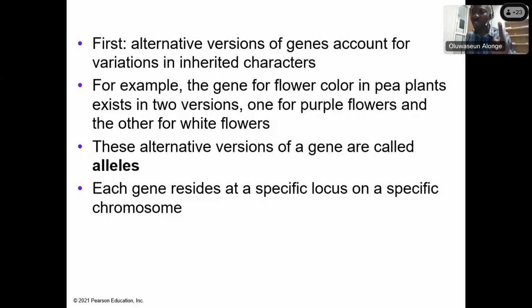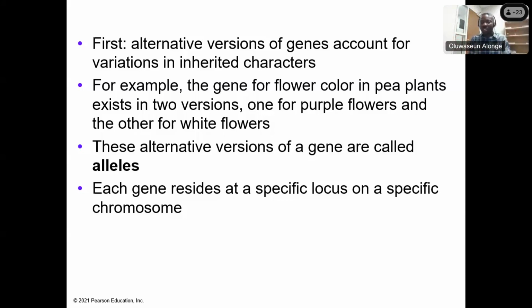If you remember, 2 slides ago I talked about homozygous and heterozygous. So he's saying that this is based on heterozygous genes that were crossed, because we have 2 versions of a gene, not just 2 copies. There's purple, there's white, there's tall, there's short, there's brown hair, there's purple hair, different versions of a gene.